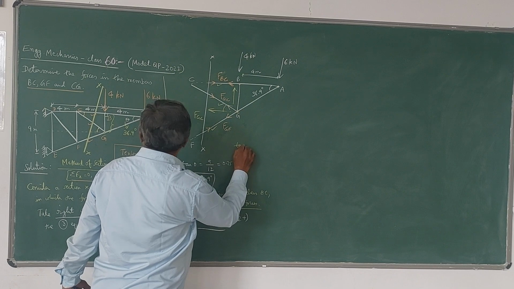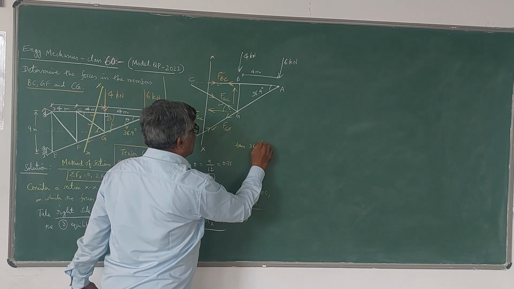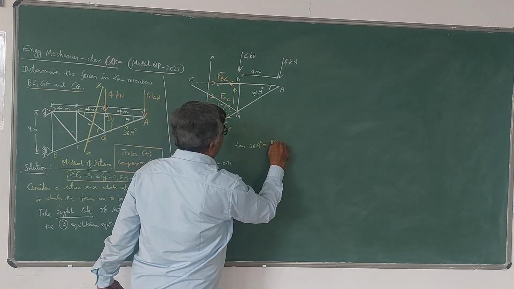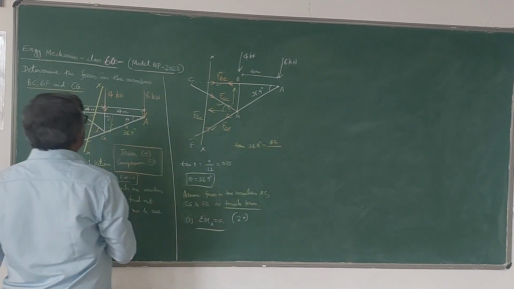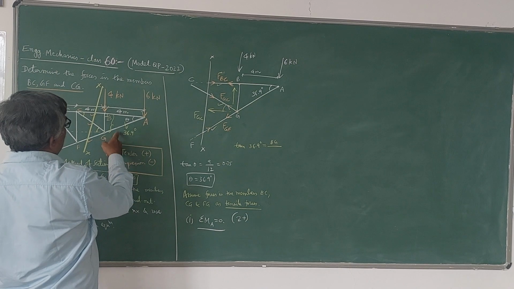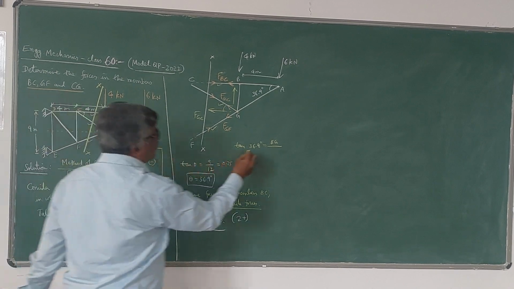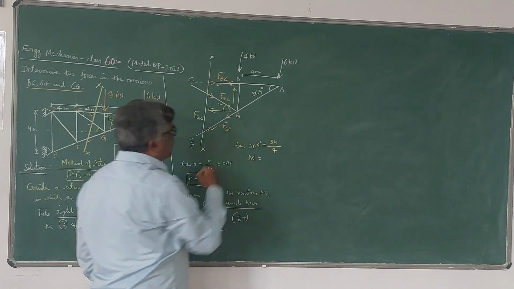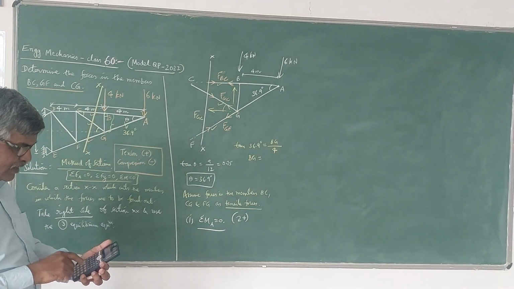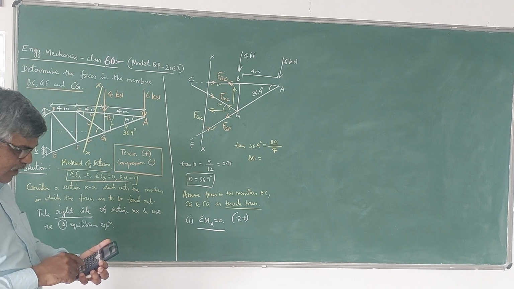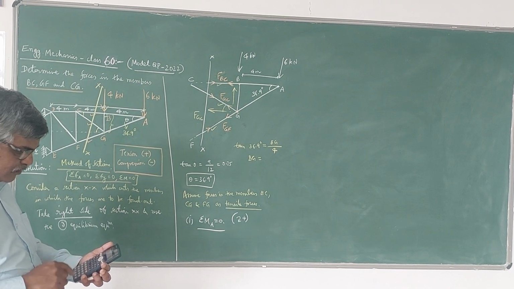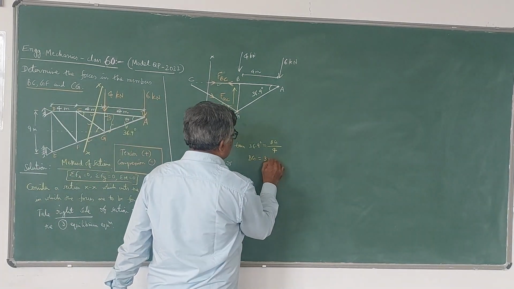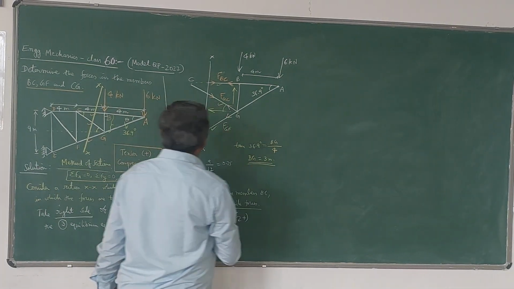So tan 36.9 degrees is equal to opposite side BG divided by adjacent side, which is 4 meters. So therefore, BG will be equal to 4 into tan 36.9 degrees. So tan 36.9 into 4, it will be 3 meters. Okay. So this will be 3 meters.